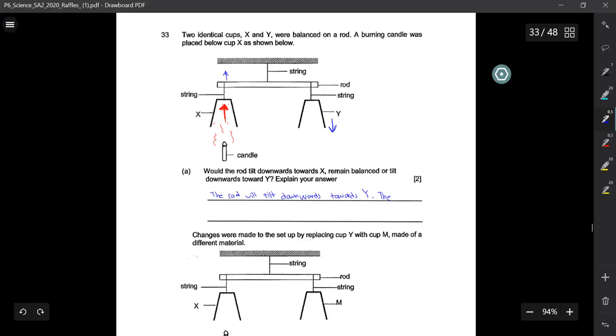So the air around the candle would be heated up due to the candle.